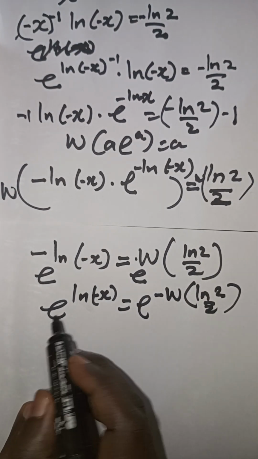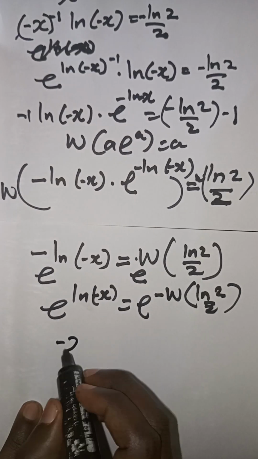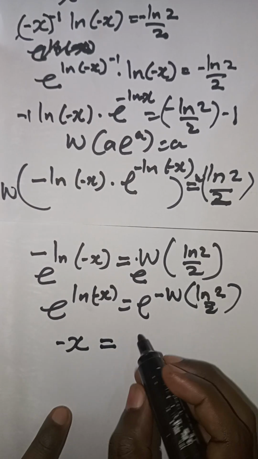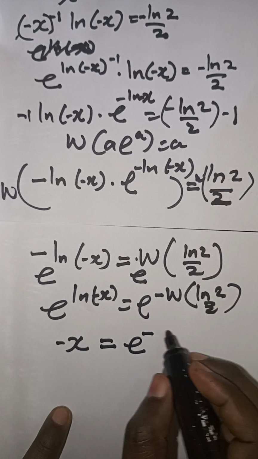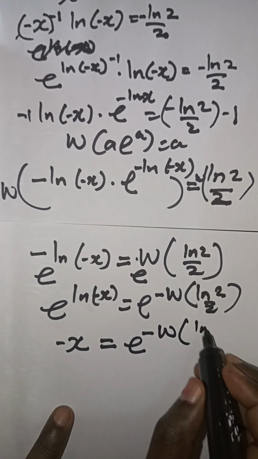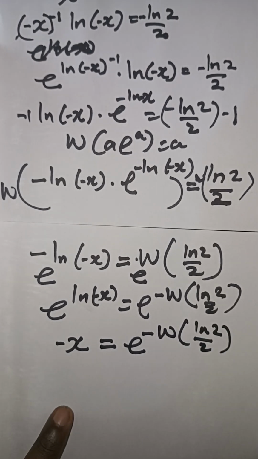When you take the exponent of a natural log, you remain with negative x is equal to the exponent to the negative of w ln of 2 divided by 2.